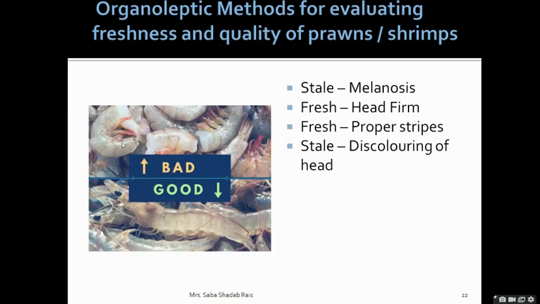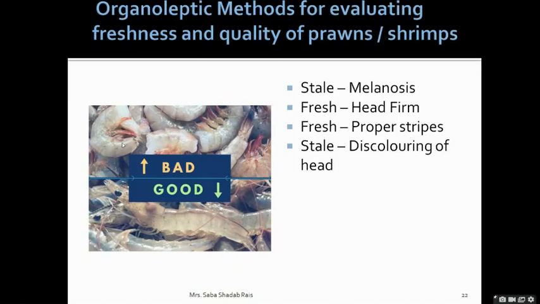If you press it and it gives an impression, after pressing with the finger, what will happen? Even if it is a fish, even if it is a prawn, simply press the organism. After pressing, if the animal is fresh, the depression caused by your pressing will disappear. But if the depression remains, that means the body is not properly formed.